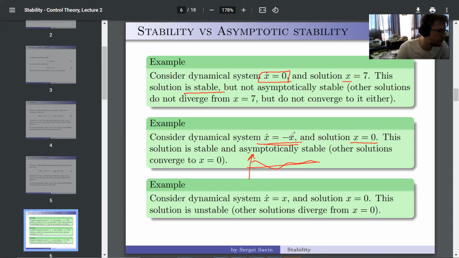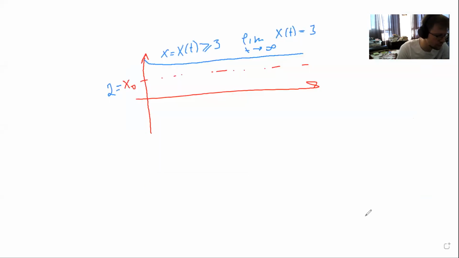How do I know? Well, let me write it. I'll get to the whiteboard again. Let's consider the system one more time: x dot equals minus x.